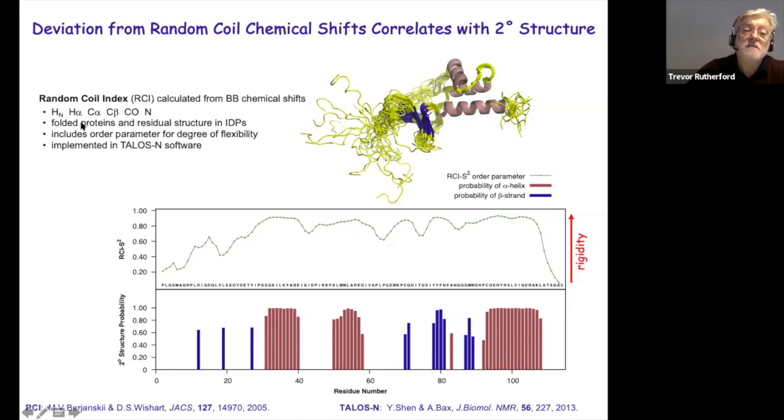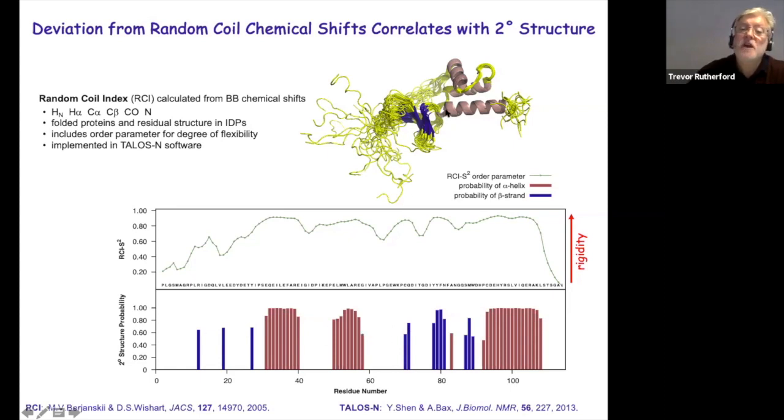And it can be applied either to folded proteins, as in this case, just illustrating what's going on, or it could also be applied to look at residual structure in intrinsically disordered regions as well. It gives us the propensity, the probability, if you like, of forming secondary structural elements throughout the protein.